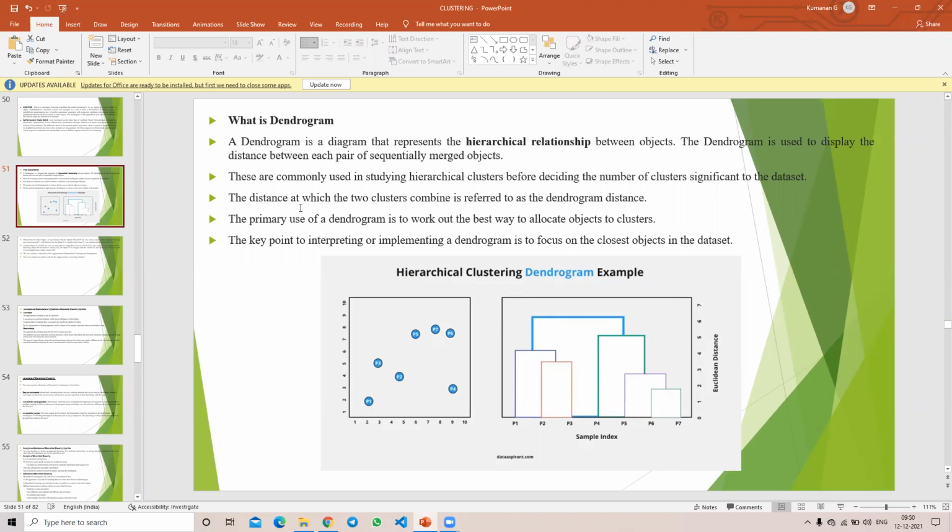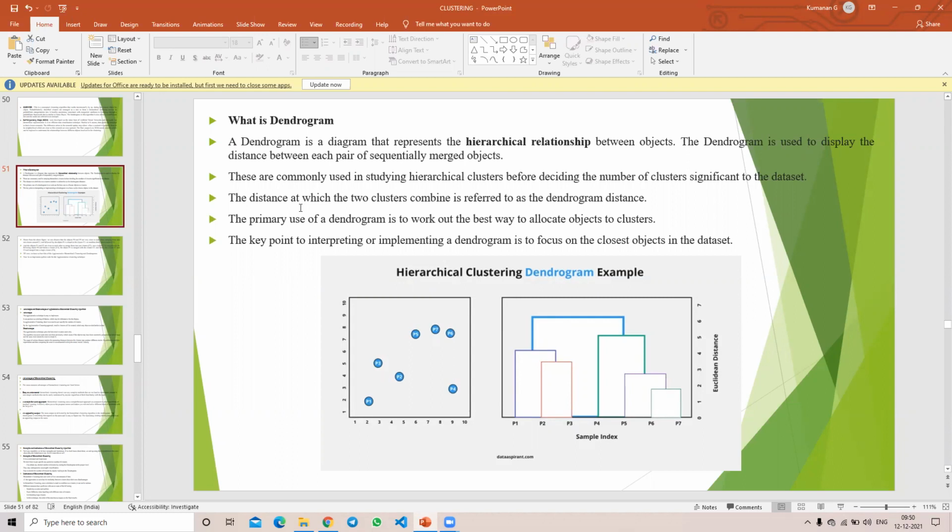In the previous video, we saw other types of hierarchical algorithm, the Lance-Williams and divisive algorithms. In this one, we are going to start with the dendrogram.